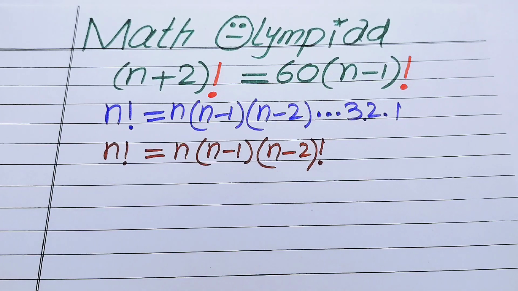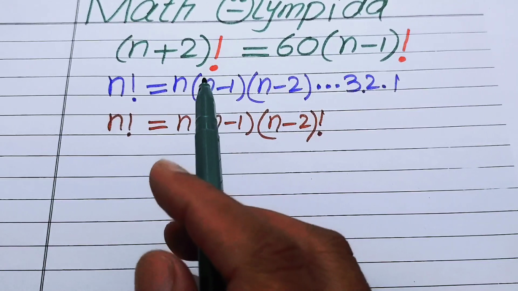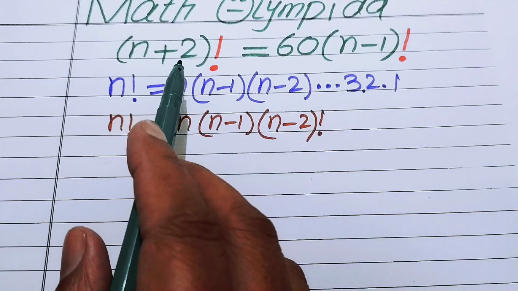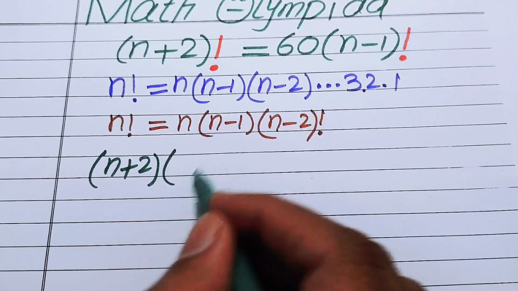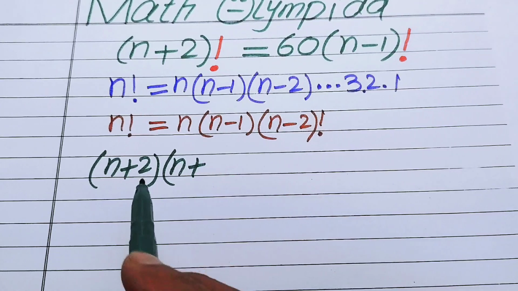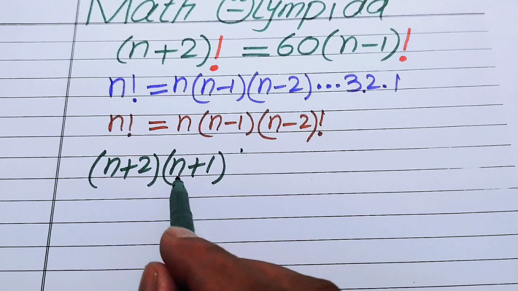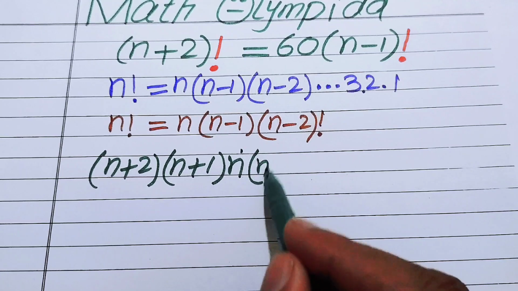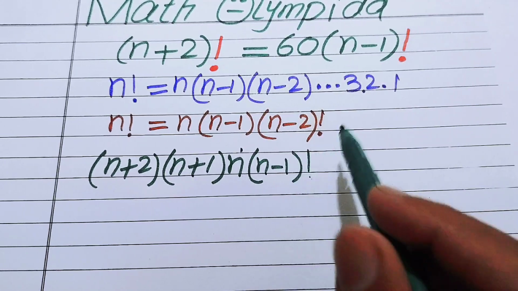In the next step we move toward the question statement. Our question is (n+2) factorial, and now we can open this (n+2) factorial up to (n-1). So you decrease 1 on each term: you get n+2, times n+1 (when you subtract 1 here you get n+1), and when you subtract again you get n, and then n-1 factorial.